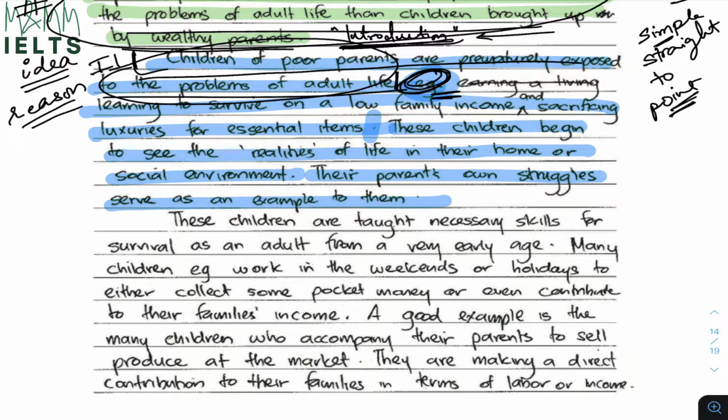What is the example? Learning to survive on a low family income. Okay, because if we are talking about a poor family, that means the income is not great. Low family income and sacrificing luxuries for essential items. So now it is giving an example of what actually happens because of this idea, which is that they face a lot of challenges when they are very young.